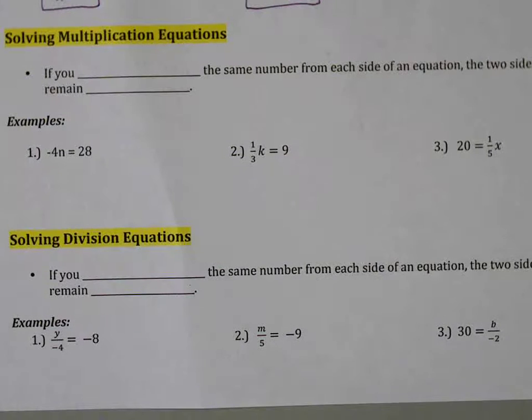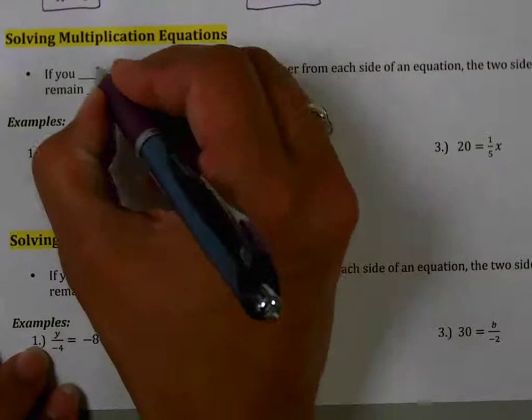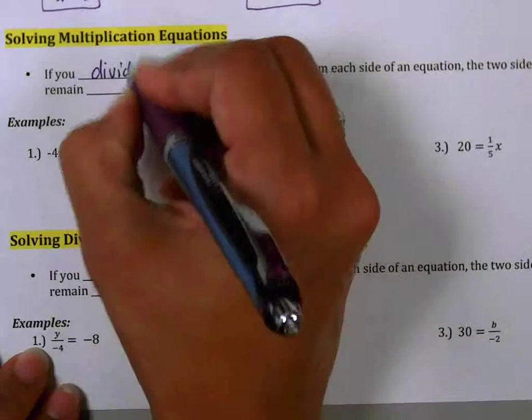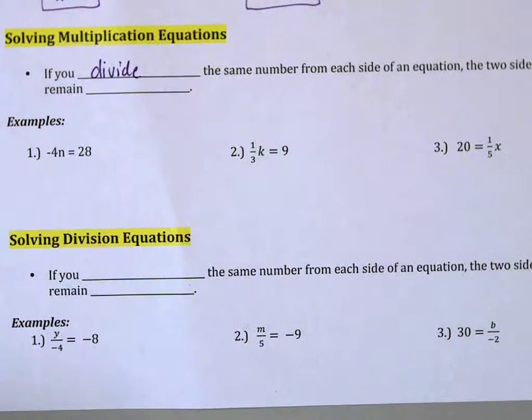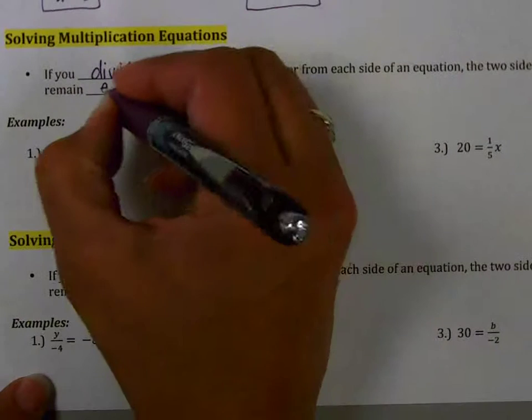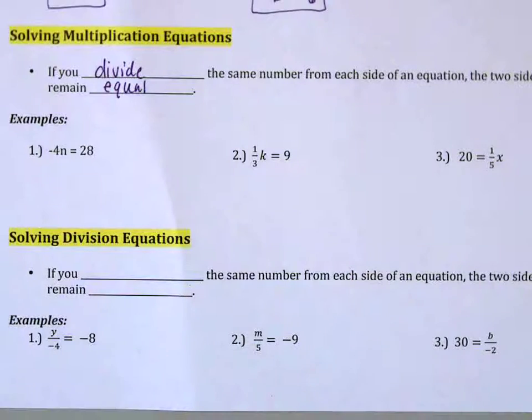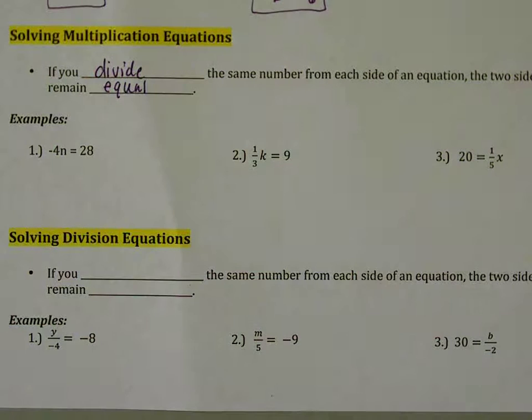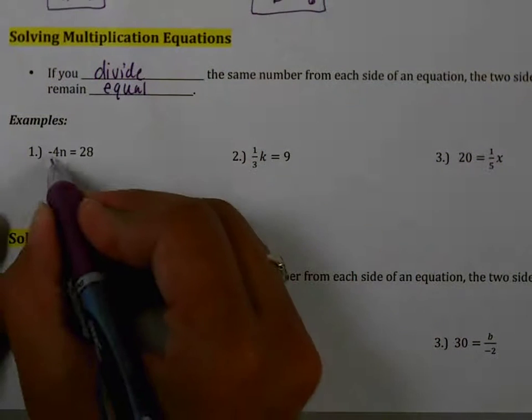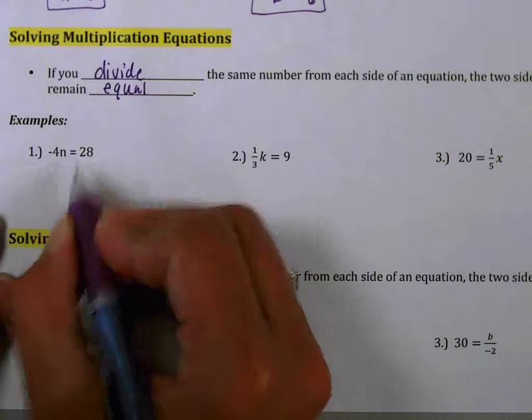Okay, multiplication equations. If you divide the same number from each side of an equation, the two sides remain equal. So when we have a multiplication equation, we're going to use division to solve. So I have negative 4 times n equals 28.